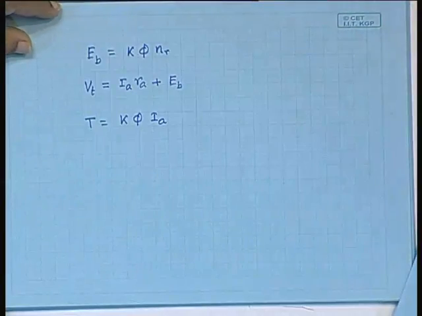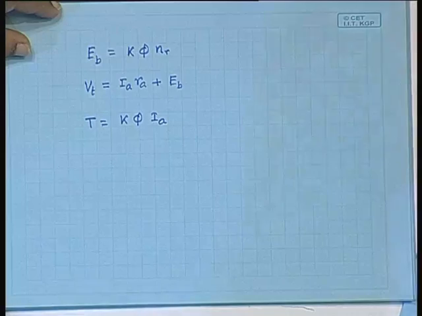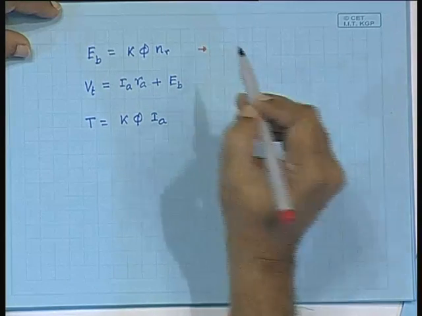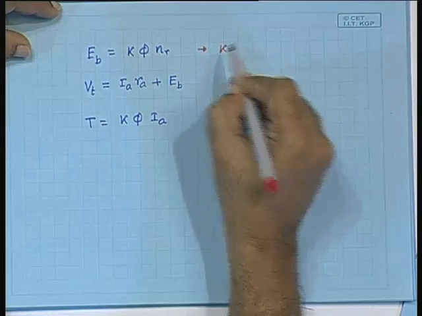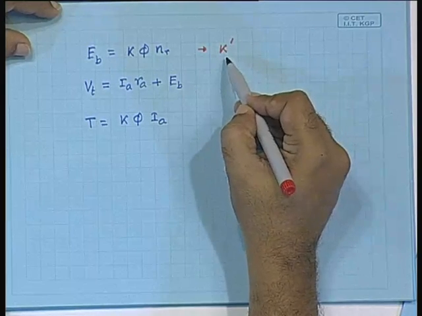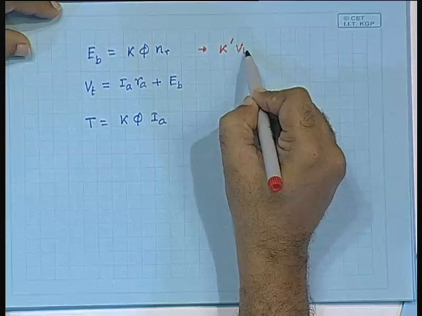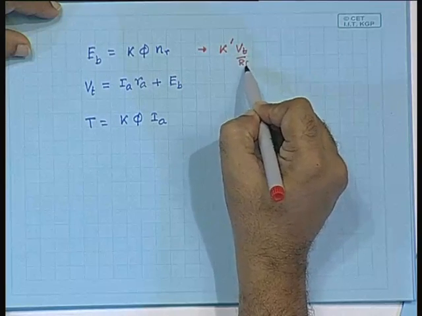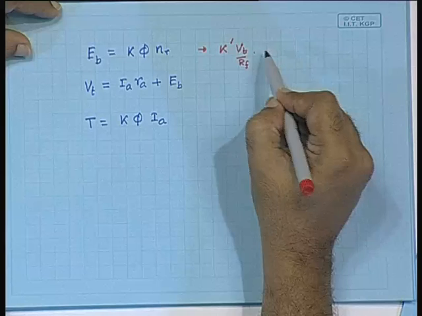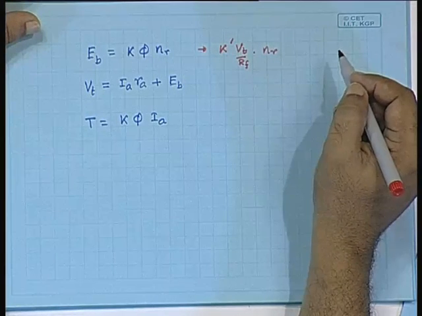So, in case of the shunt machine, which I will write in red, this will be some K prime, I will put a different constant, times V t by R f times N r. Okay.